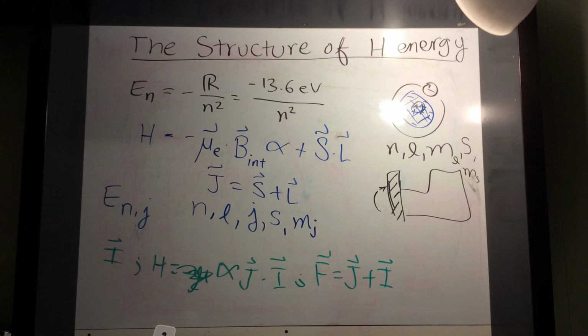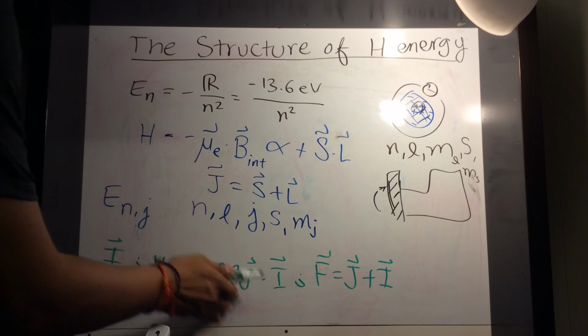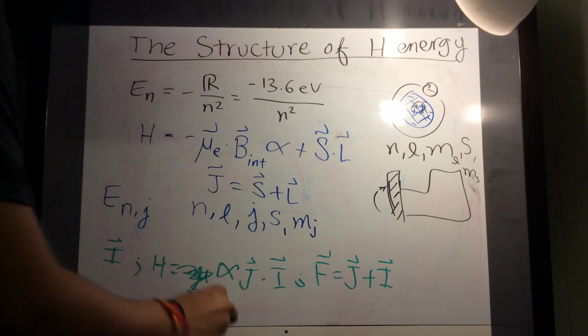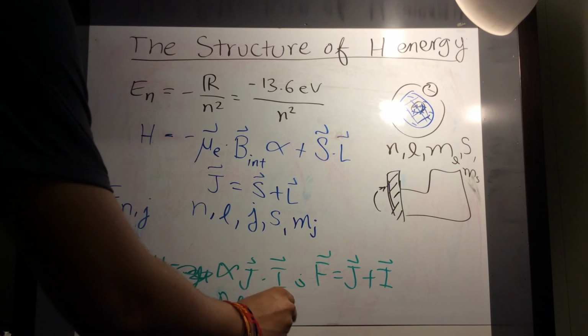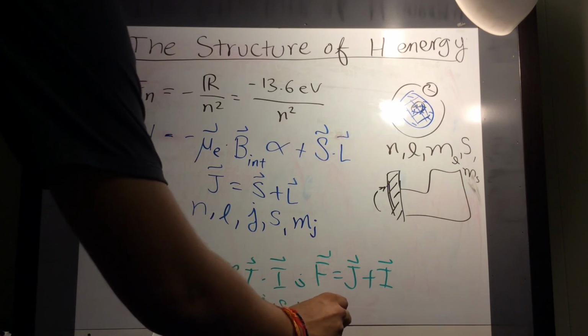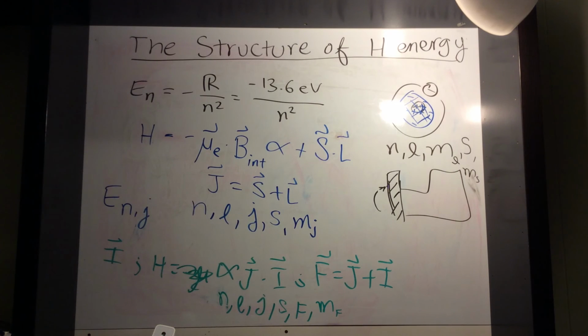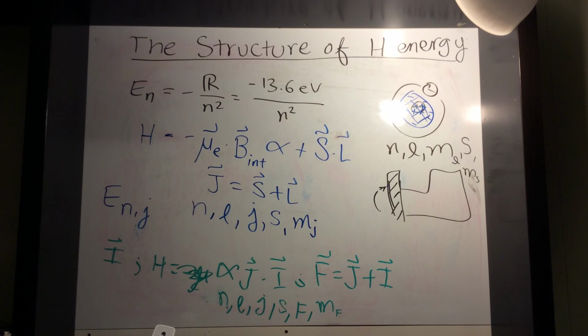Okay, so what are the good quantum numbers now? It's n, it's l, it's J, it's S, it's F, and now it's MF that you know. Now, saying something like it's spin up or spin down doesn't make sense, because all you know is the total angular momentum, the spin angular momentum and the nucleus's, all that combined.